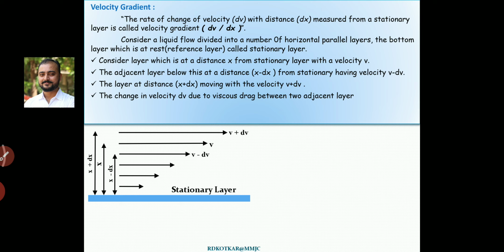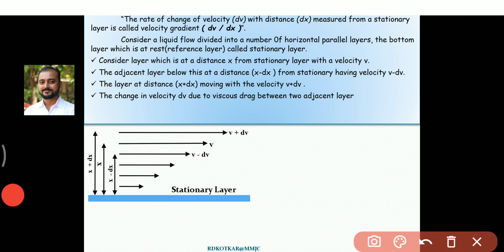Because this layer opposes the motion of the layer next to it, its velocity becomes lower. Again, this layer applies a viscous force opposing the motion of the bottom layer, and its velocity reduces by dv. In this manner there is a change in velocity dv due to the viscous drag.